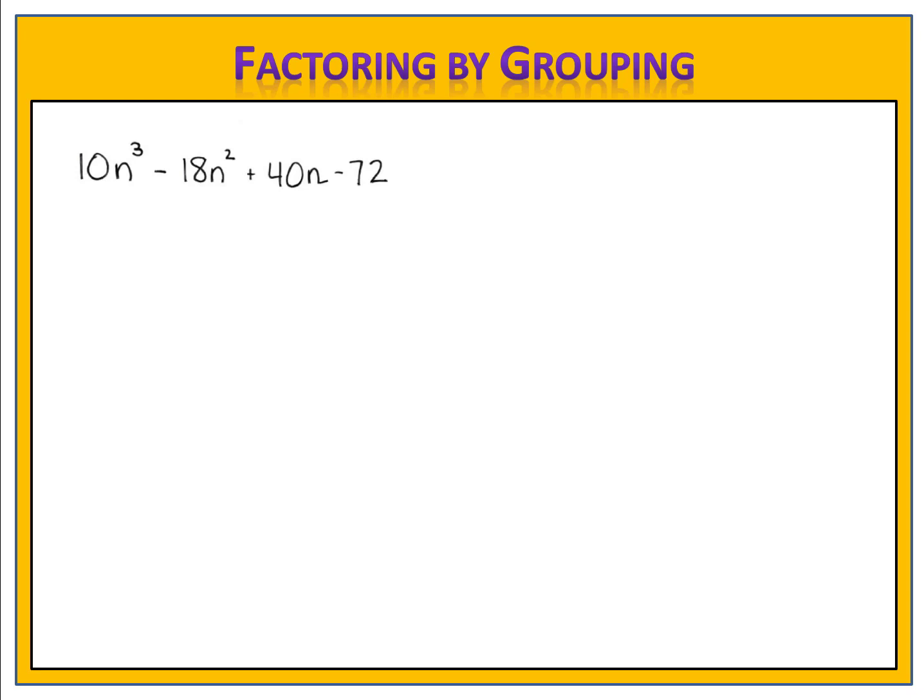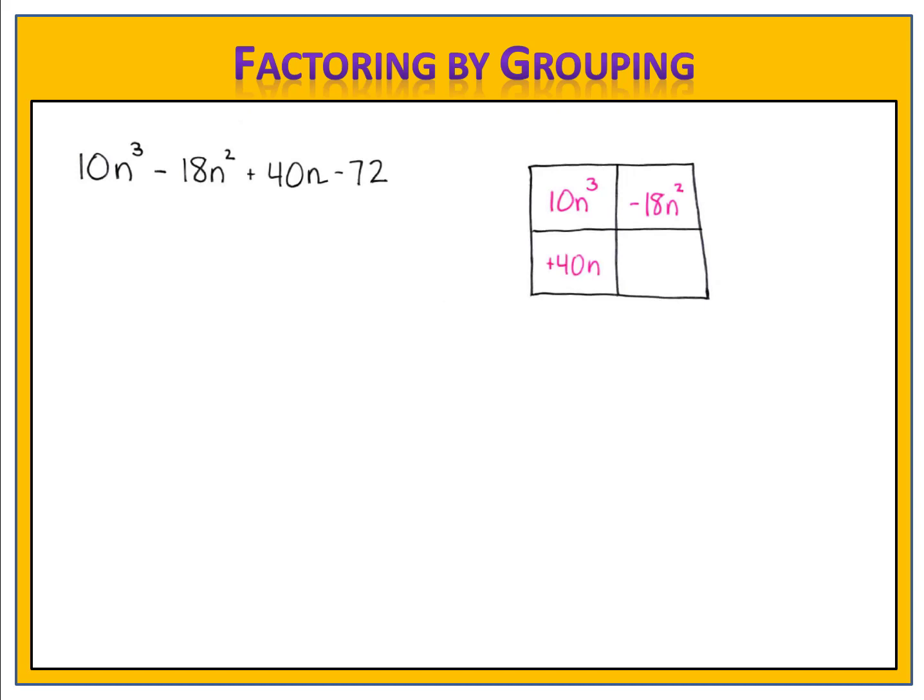to factor this polynomial. The first option would be to do as we've always done and go right to the grid, writing the terms 10n to the third minus 18n to the second plus 40n minus 72 in the grid. Now we follow the same process we've followed for every problem so far.